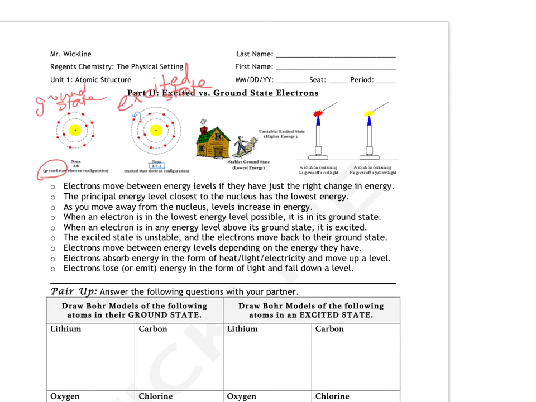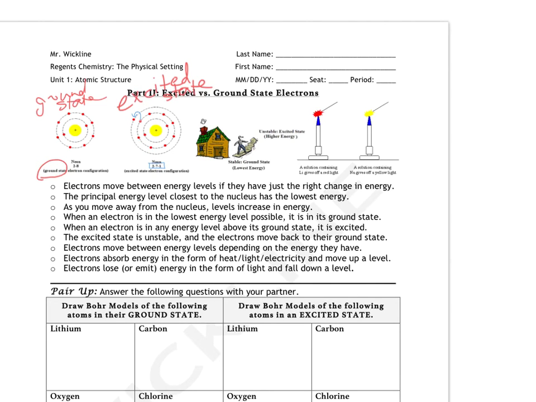So it is okay for an element to be in an excited state. It's very natural that it will absorb some energy and that an electron will jump up to a higher level. But what is also natural is that that electron will then subsequently fall back down to the ground state. So although it's natural for a ground state electron to move up to an excited state, it's also natural for it to move back down to ground state.